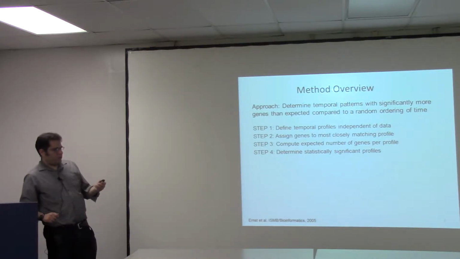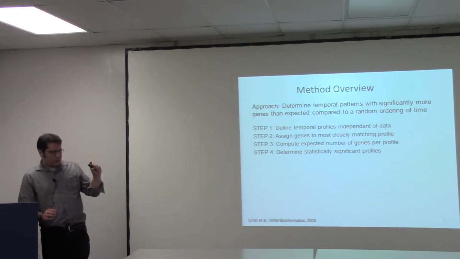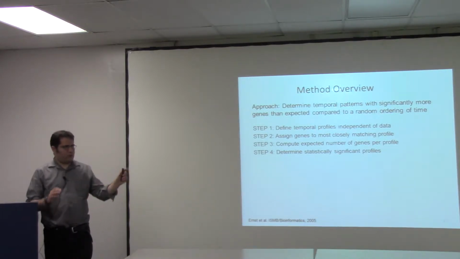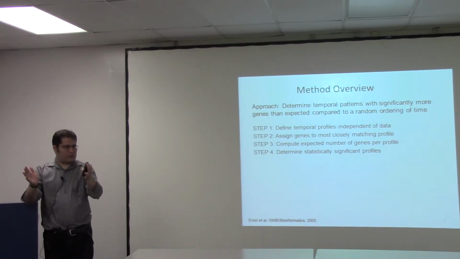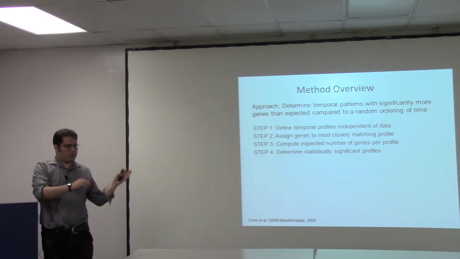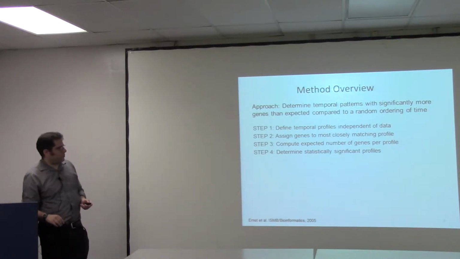One of the challenges with this type of approach is that with traditional clustering, if you permute the time points and then run a clustering, it's not clear how clusters in one ordering would compare to your clustering under the original order.